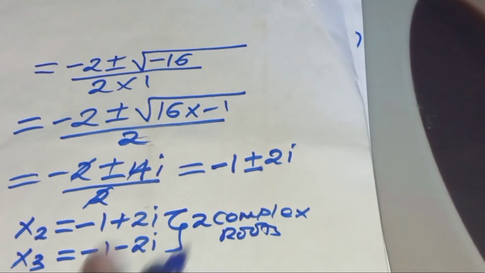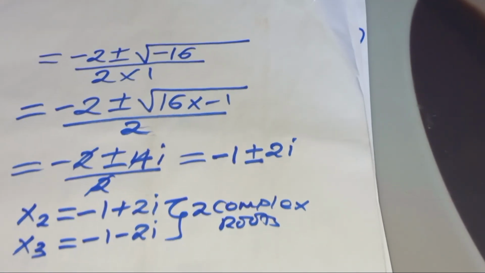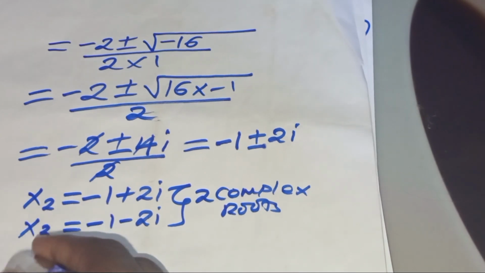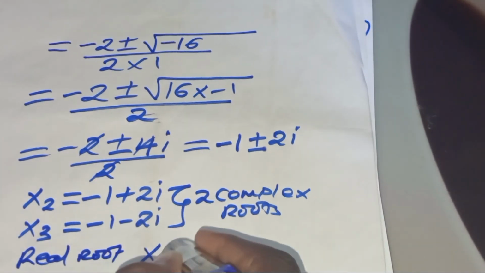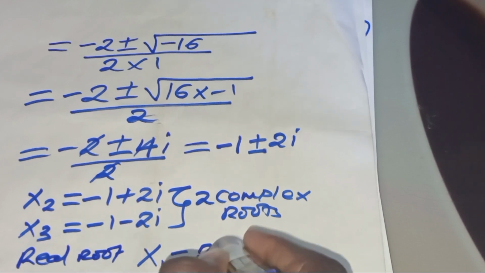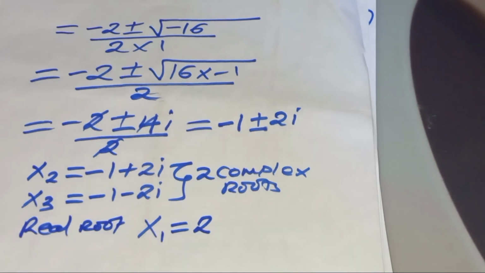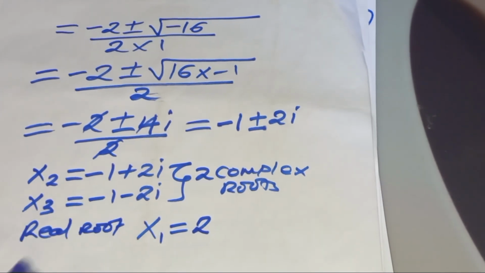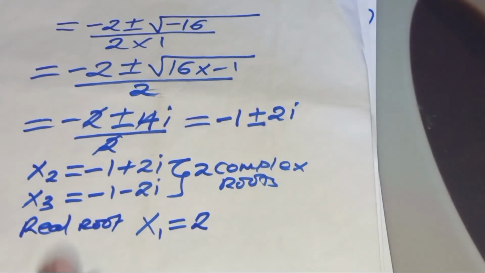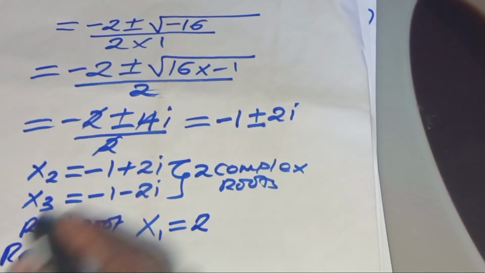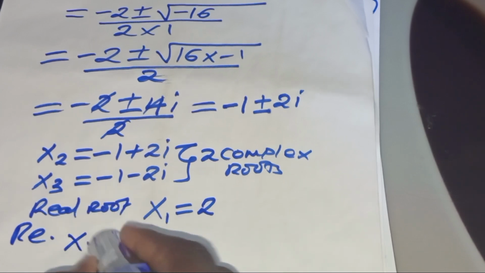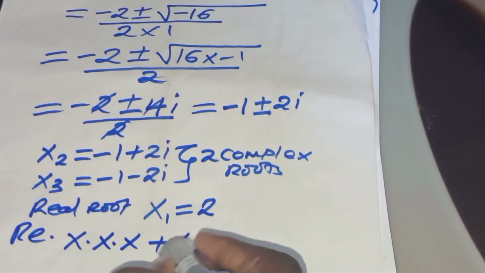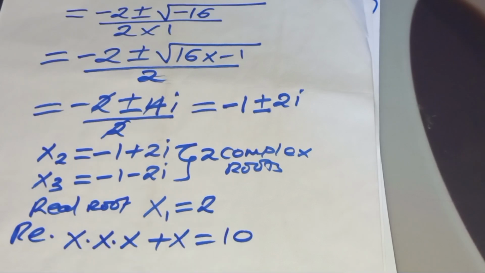And this actually will not give a real solution. Now we have a real root, that is x1, which is essentially equal to 2. Now let's verify if this real root actually satisfies the equation. If you recall, x times x times x plus x should give us a value of 10.